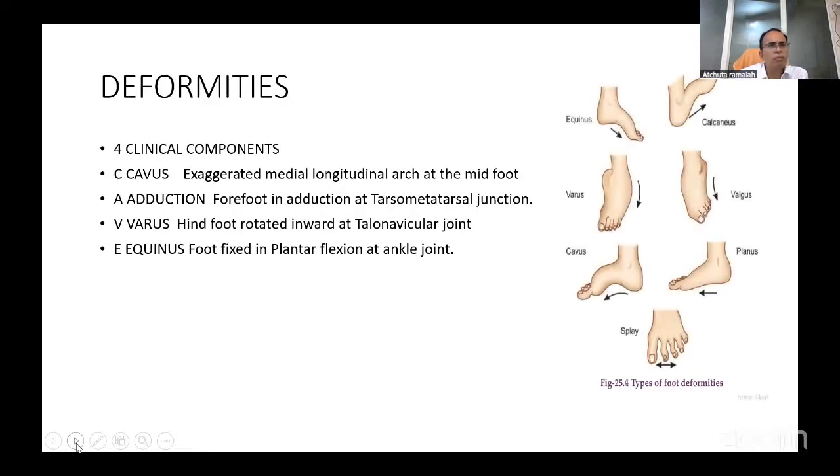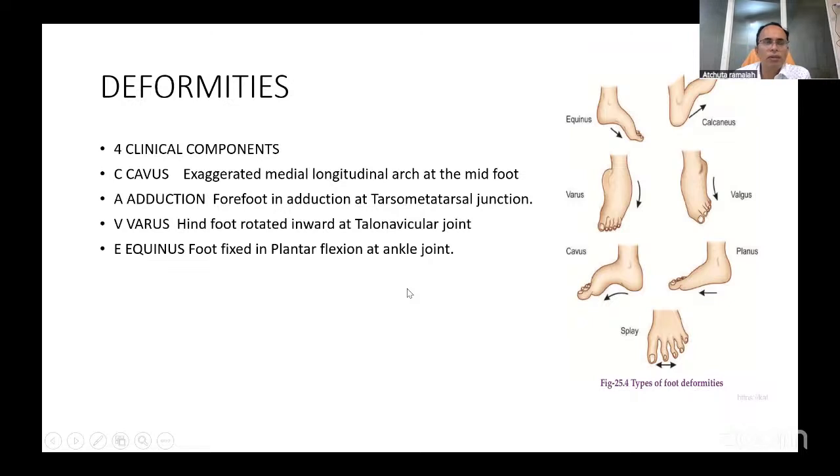There are 4 deformities: cavus, adduction, varus, and equinus. Cavus at the midfoot, adduction at the forefoot, varus at the hindfoot, equinus at the ankle joint.